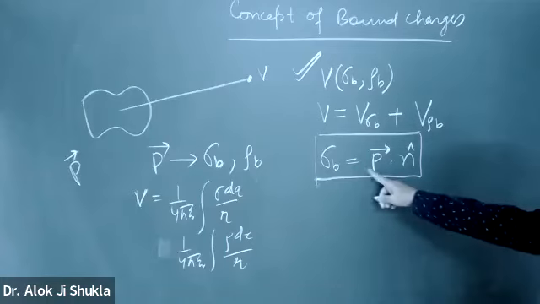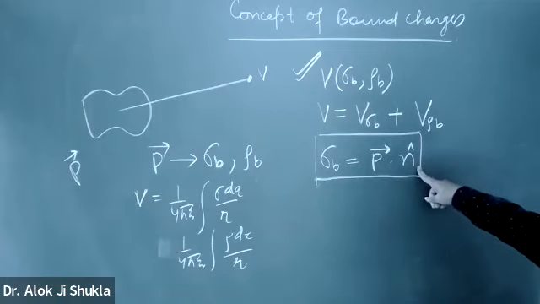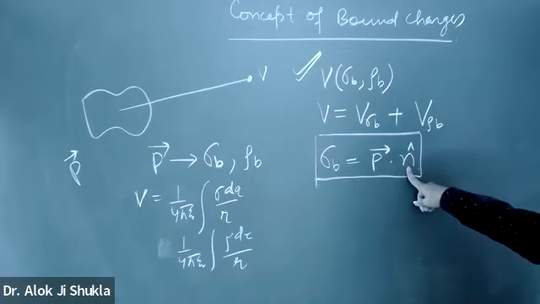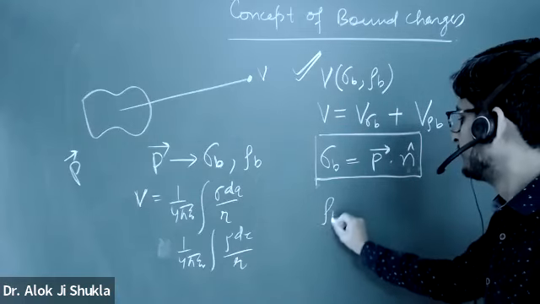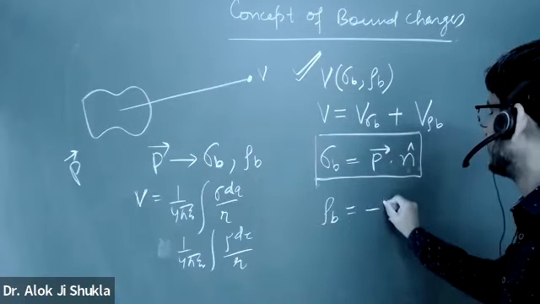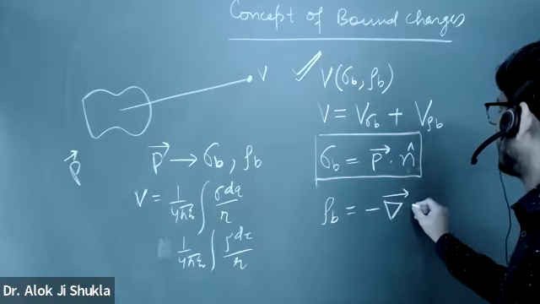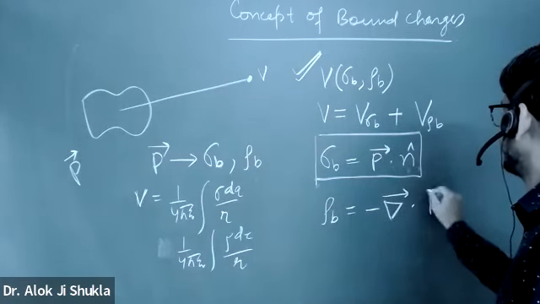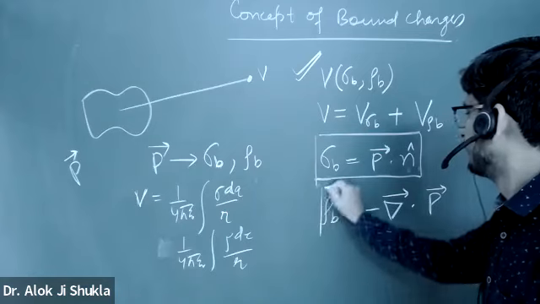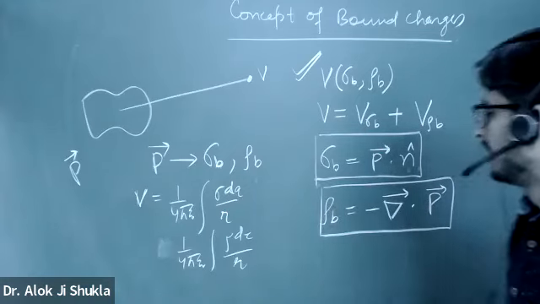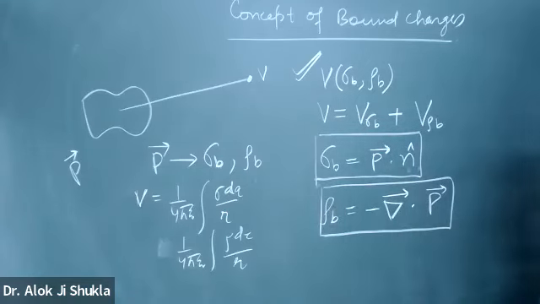So sigma bound is P dot n cap. N cap is the perpendicular unit vector on the surface. And rho bound is minus del dot capital P. So now see, I gave you the Griffiths page, in which there are all the gradient, curl, everything.